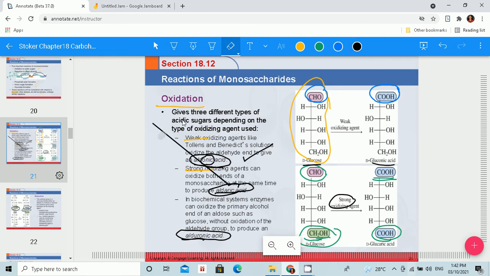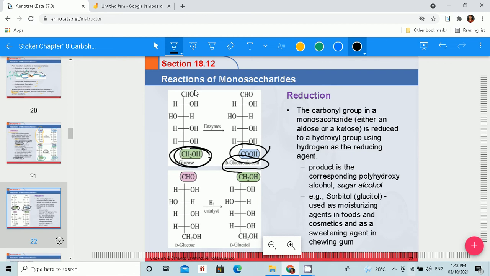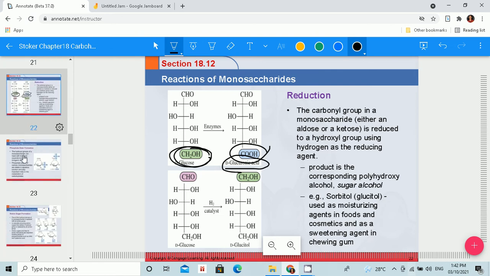We call it galactaric acid. We use aric. And if the alcohol of galactose is oxidized, it will become galacturonic acid.